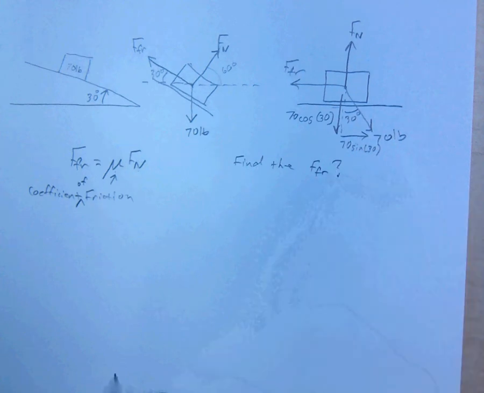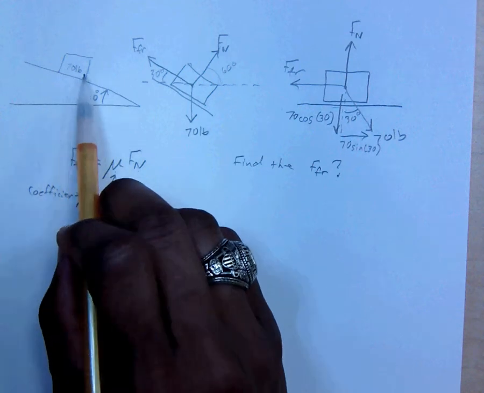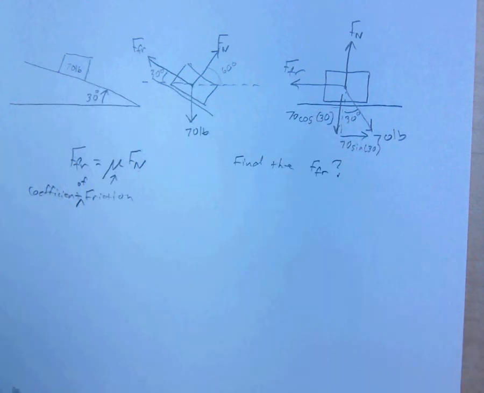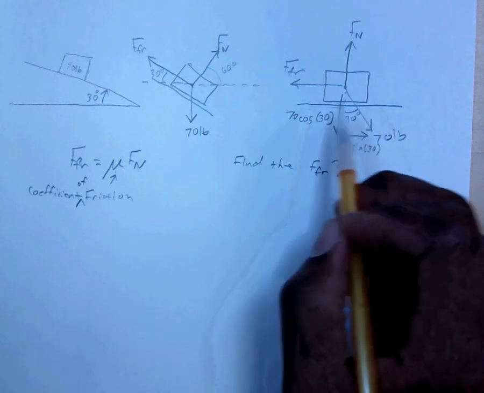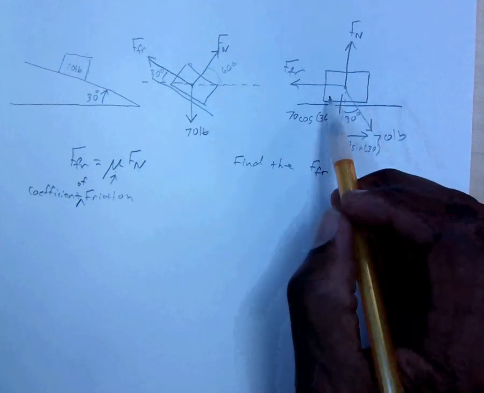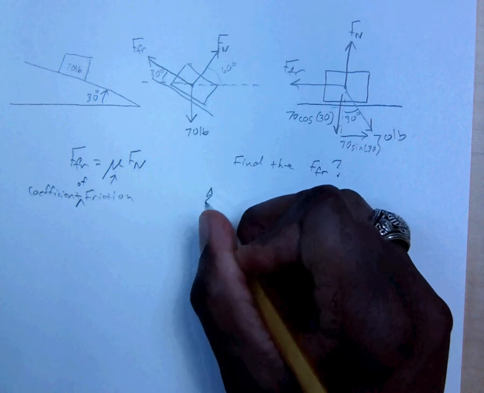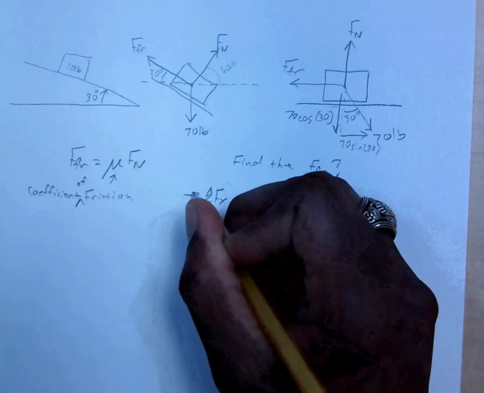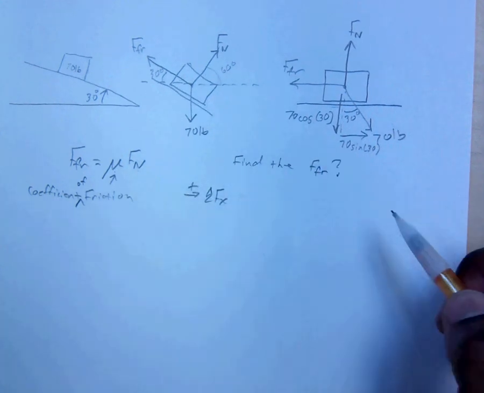So what is that? Okay, so to do that, remember, assuming that this block is in equilibrium, I'm going to set up my equilibrium equations. Now I can do my equilibrium equations here in this case by summing up the forces in the x direction. We're going to the right is positive. What force do I have in the x direction?